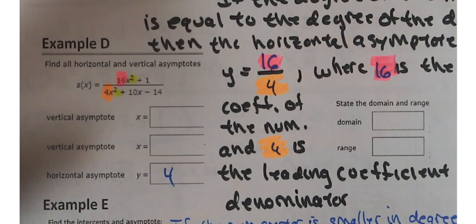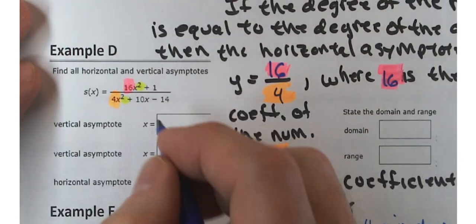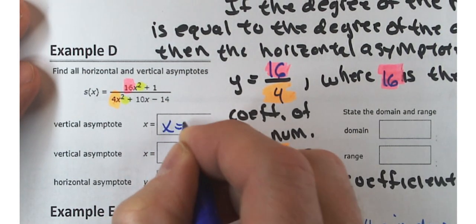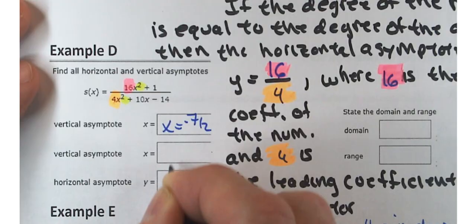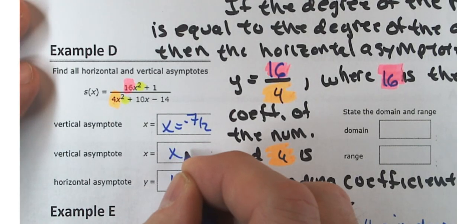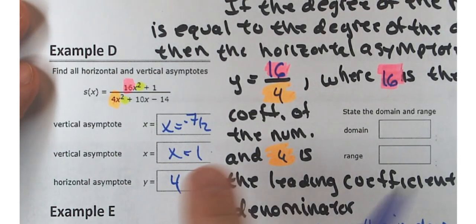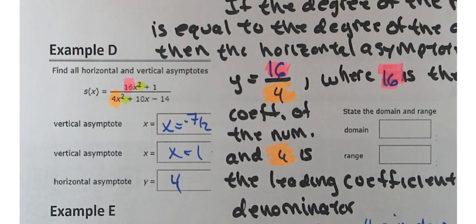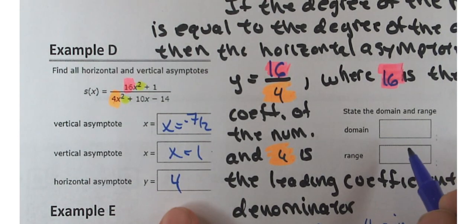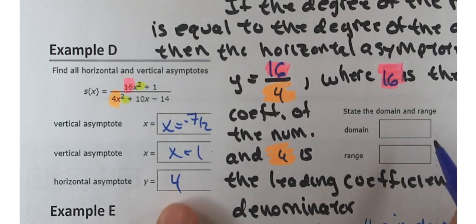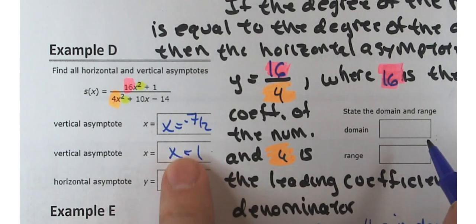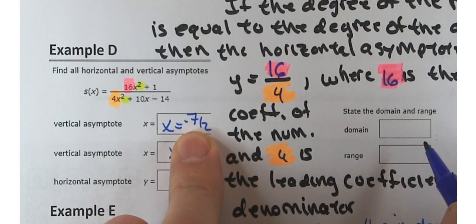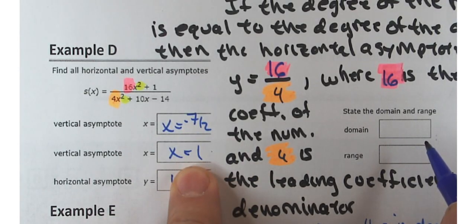For our vertical asymptotes, I'll fill this in. We've got x equals negative 7 halves and x equals 1. I guess I didn't need to put the x equals. They already have it there for me. The domain. What's the domain of this function? Well, for the domain, we can't plug in a -7/2 and we can't plug in a 1.